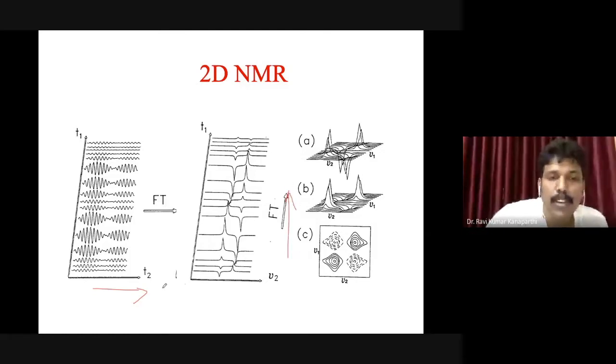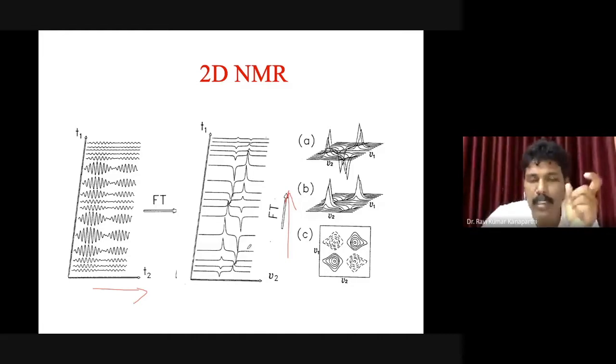Why? Because you have two time information. One is the usual FID time, the time of recording the FID, that is 1 to 10 seconds, the acquisition time. So this is actually T2.